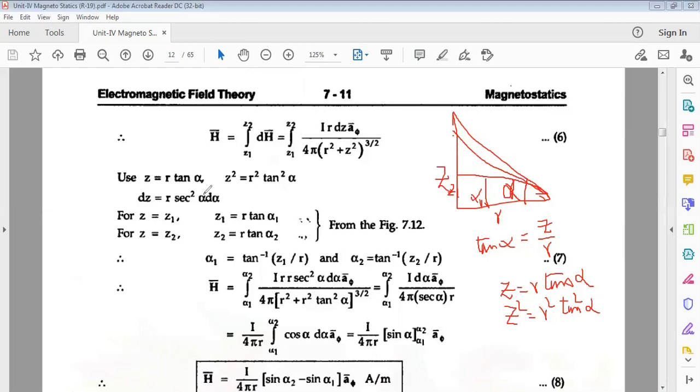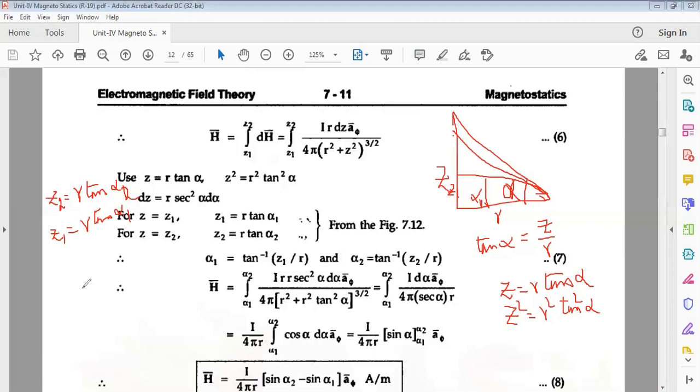We can assume the opposite side is Z2. Z2 is equal to R tan alpha 2, because the opposite side is Z2 and the adjacent side is R for all the terms. And for Z1 also, Z1 is equal to R tan alpha 1.